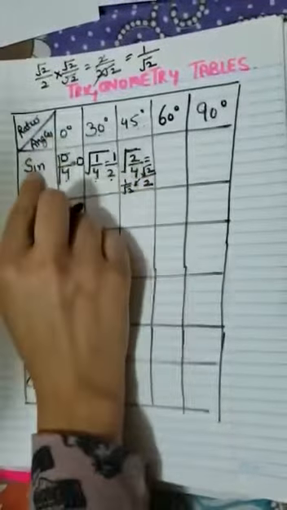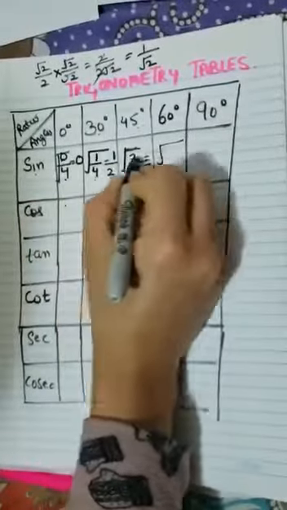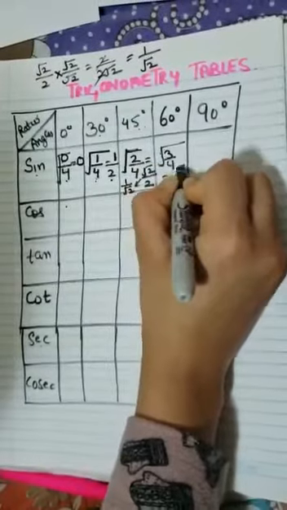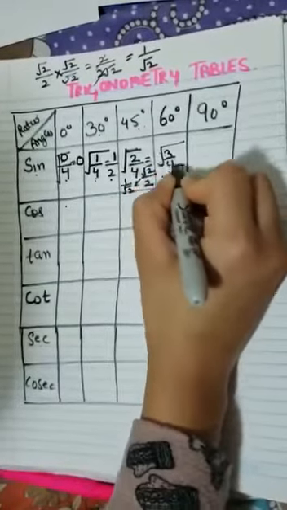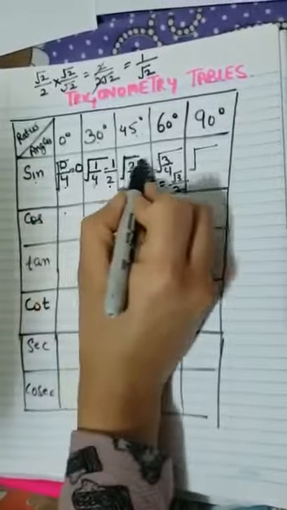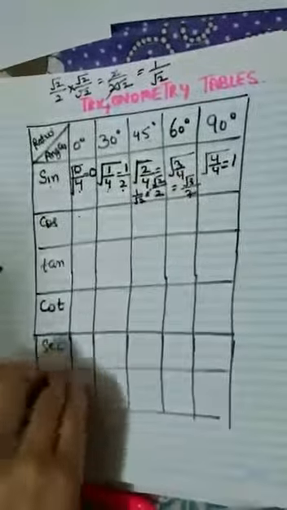Next is 60 degree, that is 0, 1, 2, 3 divided by 4. Under root 3 as it is, and under root 4 is 2. Next, 0, 1, 2, 3, 4 divided by 4 is equal to 1.